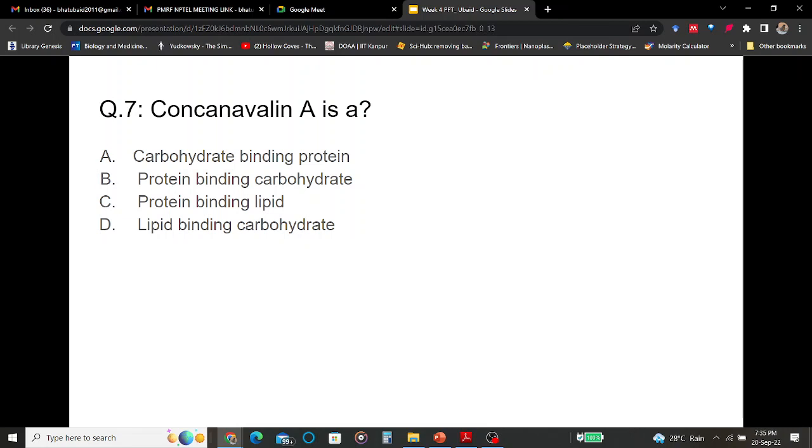Actually, this concanavalin A is a protein and it binds to carbohydrate. Thus, it is a carbohydrate binding protein.